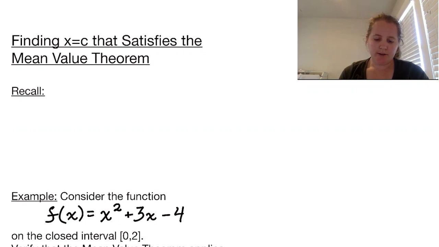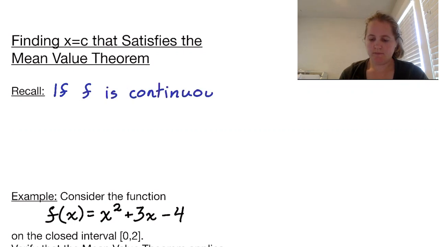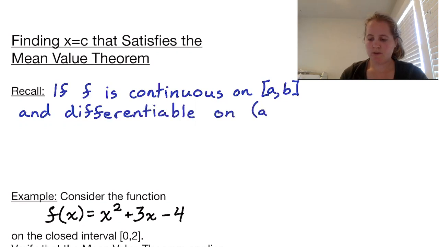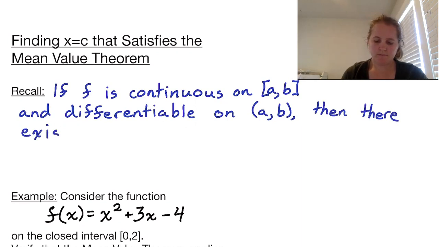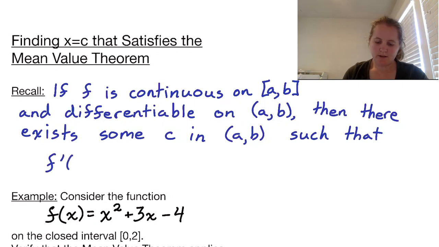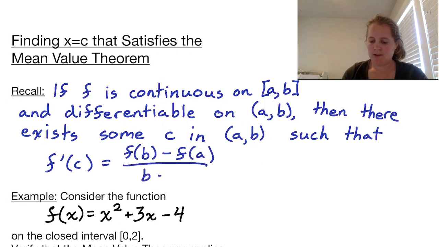So recall, the mean value theorem says that if f is continuous on the closed interval [a, b] and differentiable on the open interval (a, b), then there exists some c in the open interval (a, b) such that f prime of c is equal to f of b minus f of a all over b minus a.